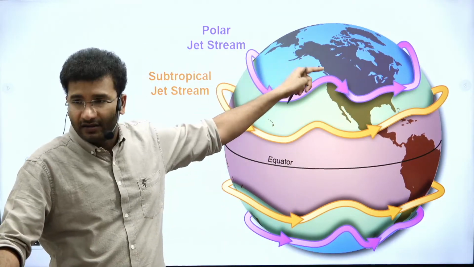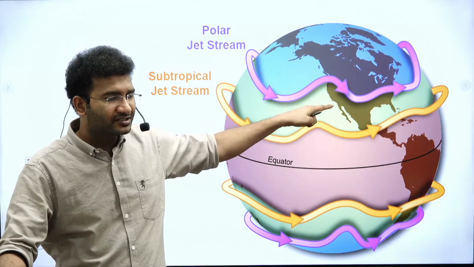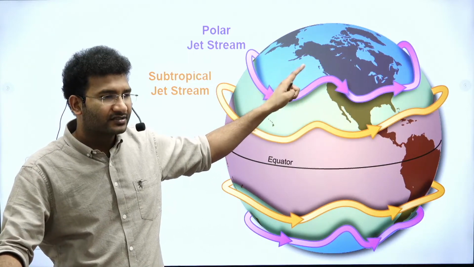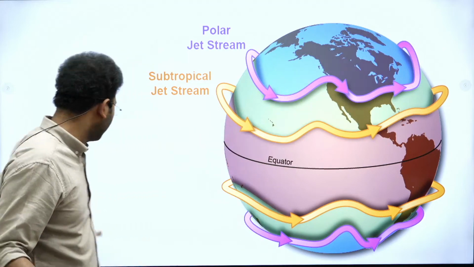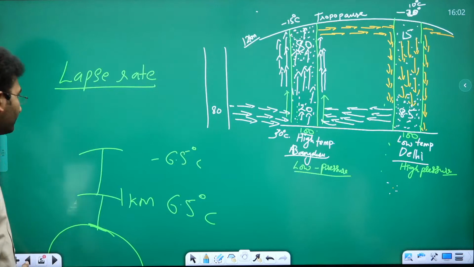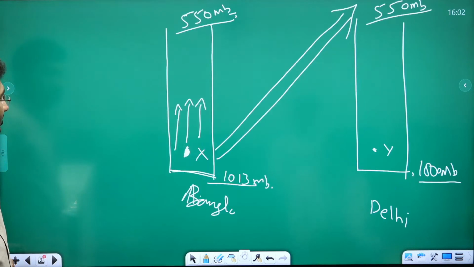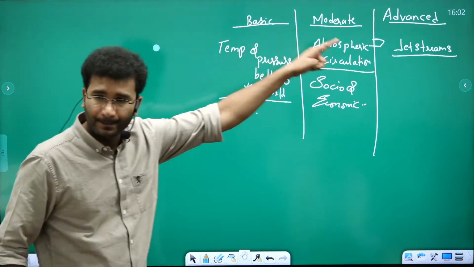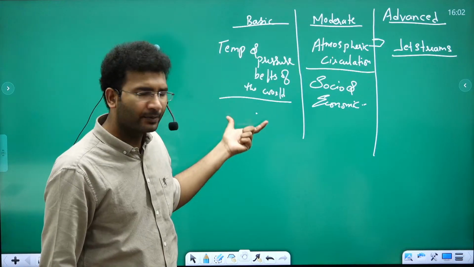Now, these jet streams and their formations and their applications are considered to be studied under advanced geography, which I have told you here. Right? Basically, you need to know about temperature and pressure belts.